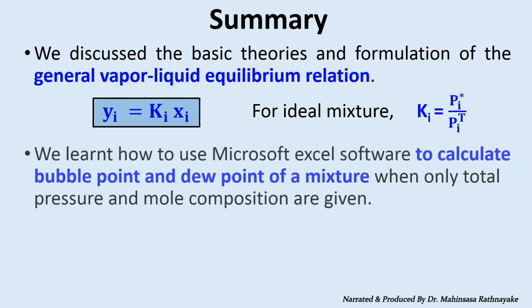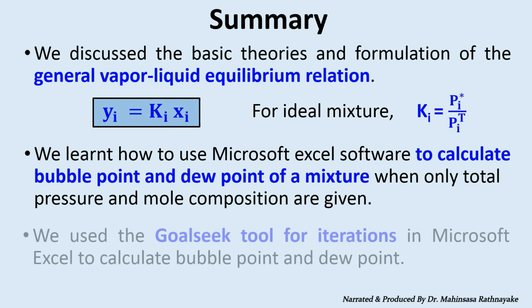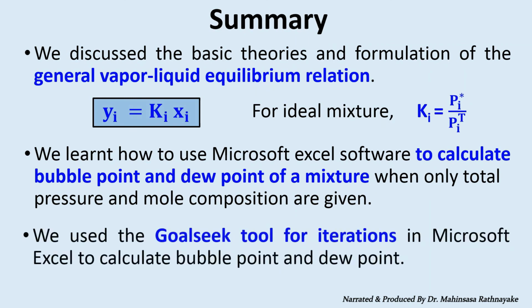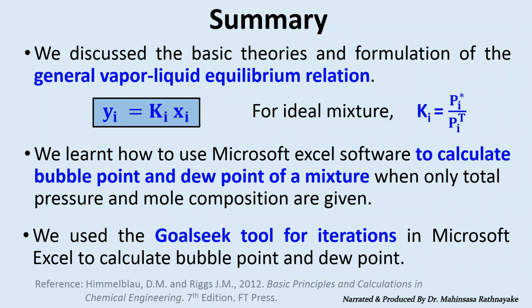Then we learned how to use Microsoft Excel software to calculate bubble point and dew point of a mixture when only total pressure and mole compositions are given. We used an iterative tool, that is the Goal Seek tool in Microsoft Excel, to calculate bubble point and dew point.